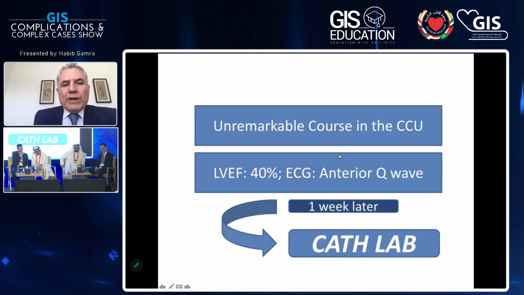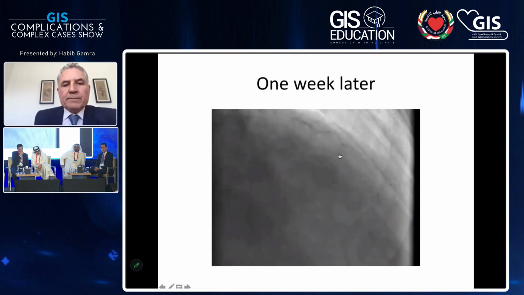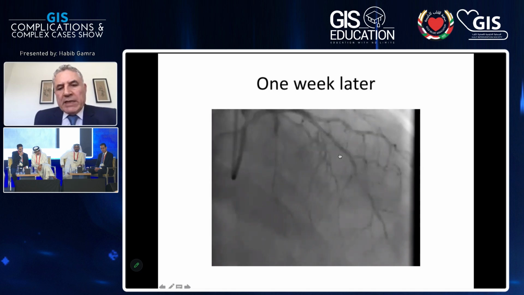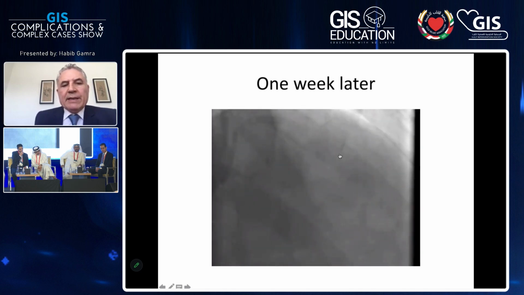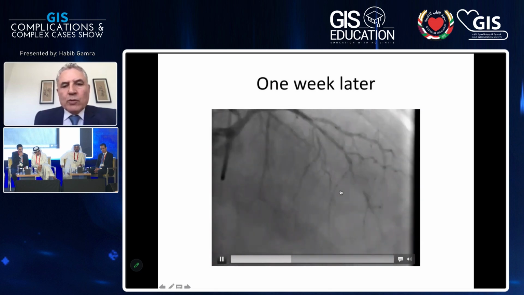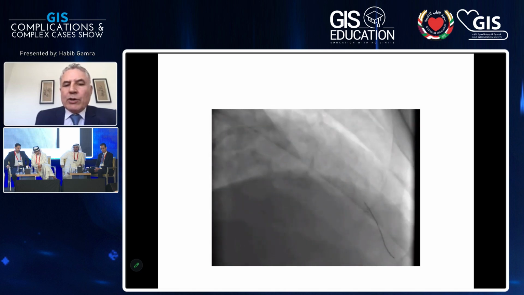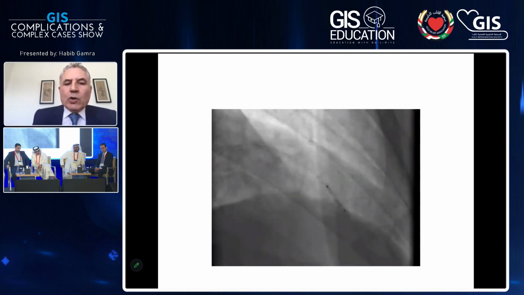One week later, the patient was brought back to the cath lab just to look at that LAD. And this is what we found. The LAD is open, but with reduced flow distally and that kind of lesion, which looked to us like a dissection actually. So the other colleague, who was not the initial operator, proceeded with ballooning all over the LAD.